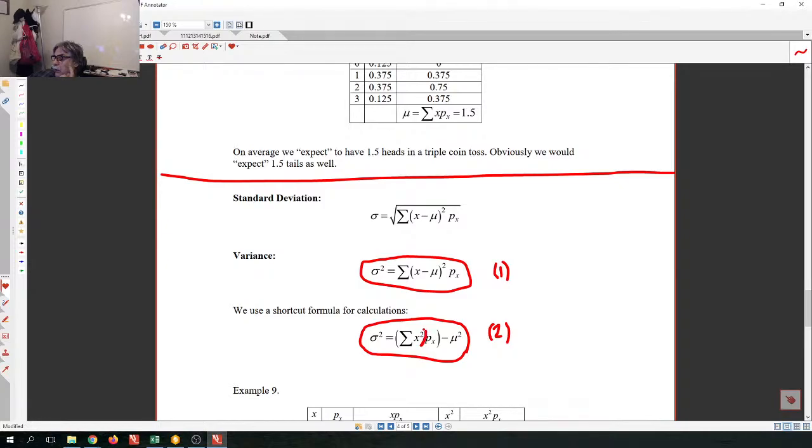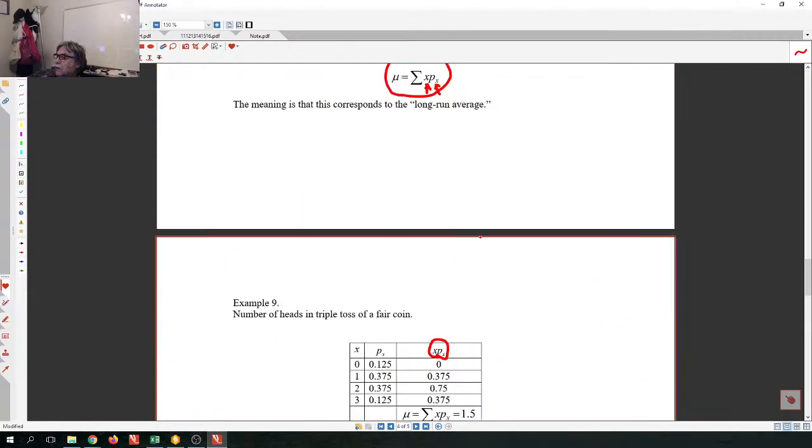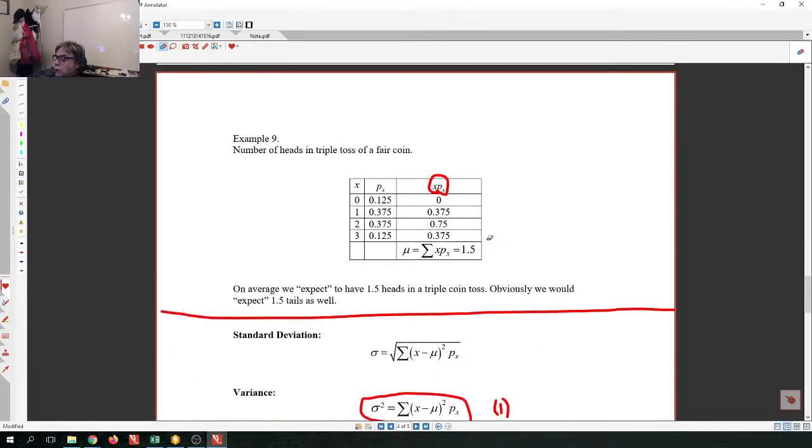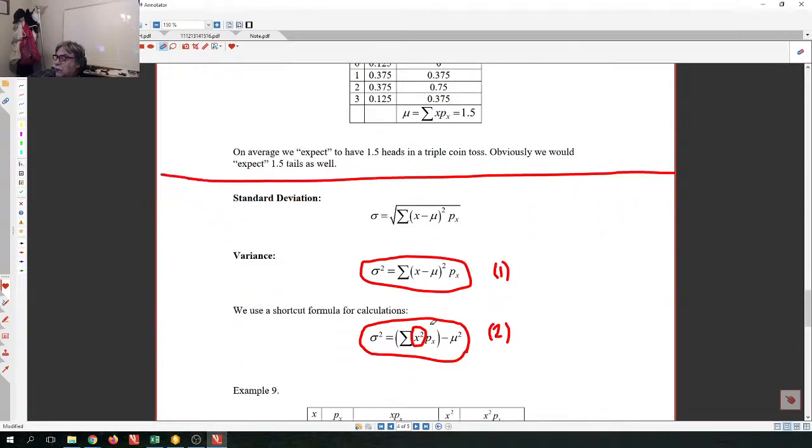You have here x squared multiplied with the probability mass of the x, and then you have the summation. This is just like this formula here. The only difference is that in this formula here you're not having an x squared, you just simply have an x multiplied with the probability mass and then summation. So here you have the x squared and then a mass and then a summation.